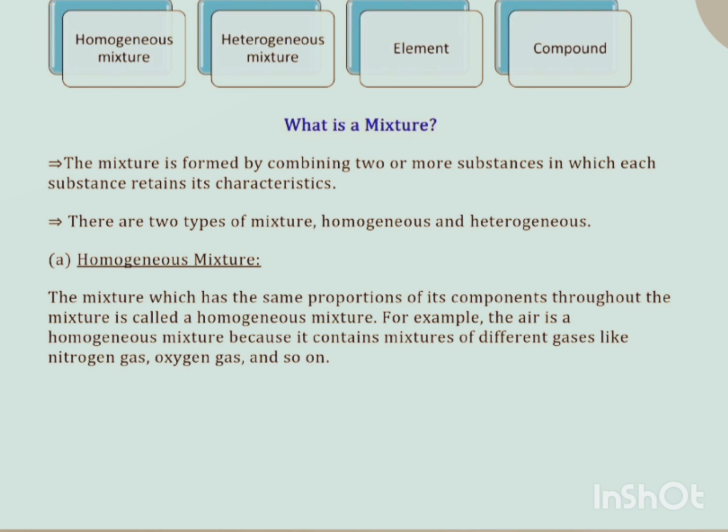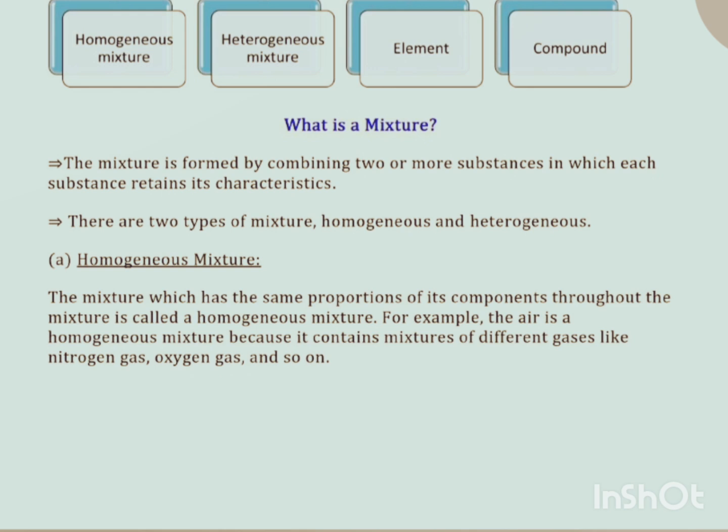For example, air is a homogeneous mixture because it contains a mixture of different gases like nitrogen gas, oxygen gas, and so on, all in equal proportion. We get the components in the same proportions. This is called a homogeneous mixture.